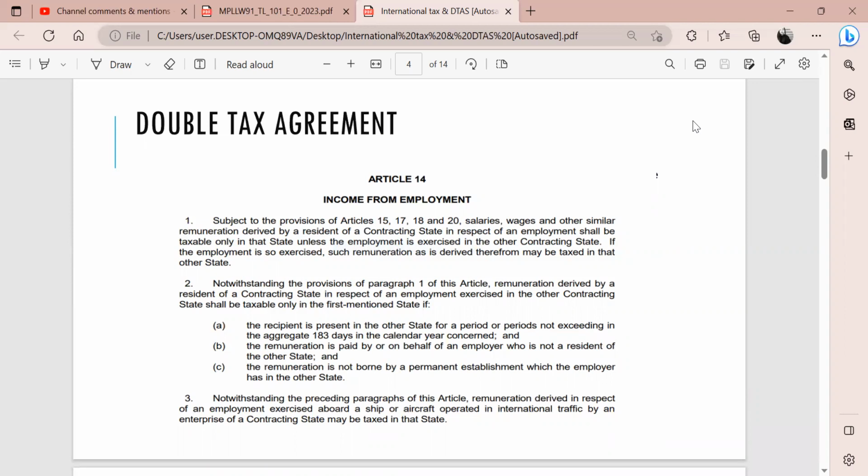If the employment is so exercised, such remuneration as is derived therefrom may be taxed in that other state.